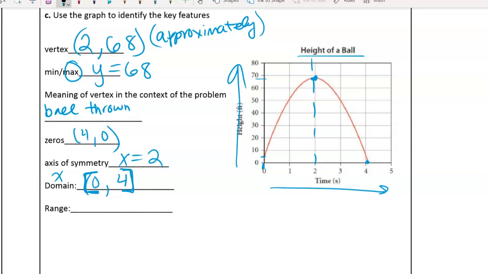That is included, so it's going to be a bracket. Our range, which is the y values from bottom to top, our lowest y value, well, on this side it starts at 5, but over here it starts at 0. So our lowest y value will be 0, and it continues up until approximately 68.